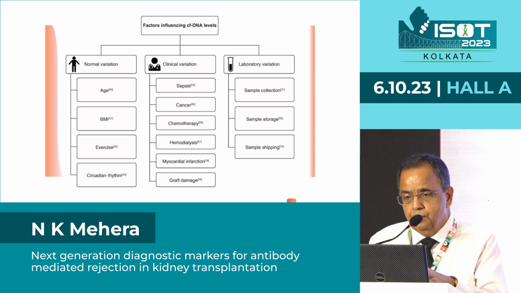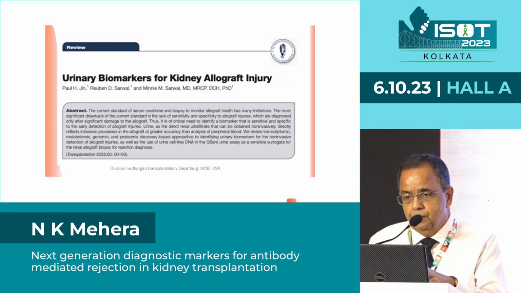Clinical variations include if the patient has sepsis, is on chemotherapy, or is on dialysis. And there are lab variations as well, which I already talked about: the sample collection, sample storage, and sample shipping. So I think all of these will have to be really looked into.